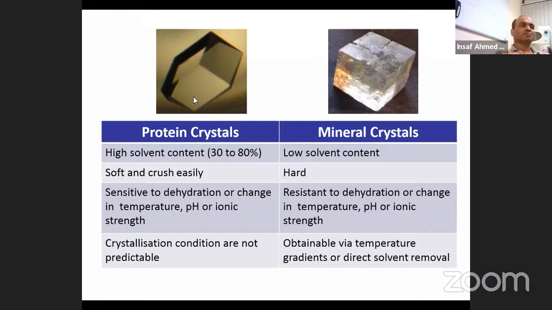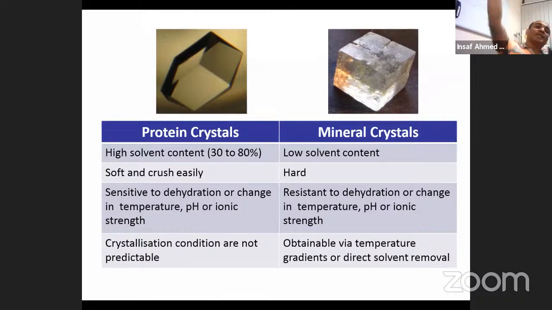Protein crystal is very soft and crushed easily. They are very delicate, highly delicate. But a salt crystal, if you want to break an NaCl crystal, you have to apply a lot of force, then only you can break it. So they are very hard. Since protein crystals are soft and crush easily, and they have a lot of water molecules or solvent content, they are sensitive to dehydration and changes in the pH or ionic strength.